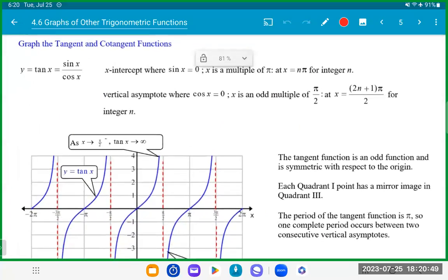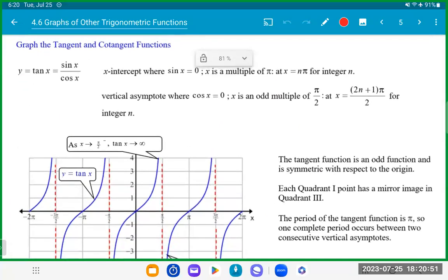All right, so now moving into the tangent and cotangent graphs. The tangent function, if you recall, both tangent and cotangent, those are also odd functions, right? And so they also have symmetry with respect to the origin. The thing with the tangent function, remember that it's sine over cosine.